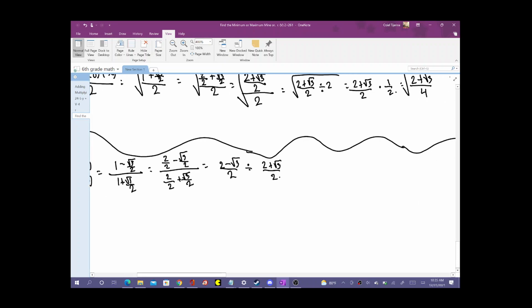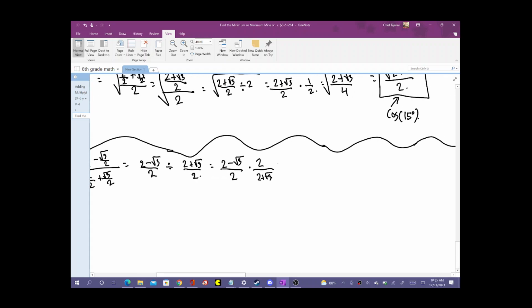So then you have to divide these two fractions, right? So this is equal to 2 minus square root of 3 over 2 times 2 over 2 plus square root of 3. So the 2 cancels out.